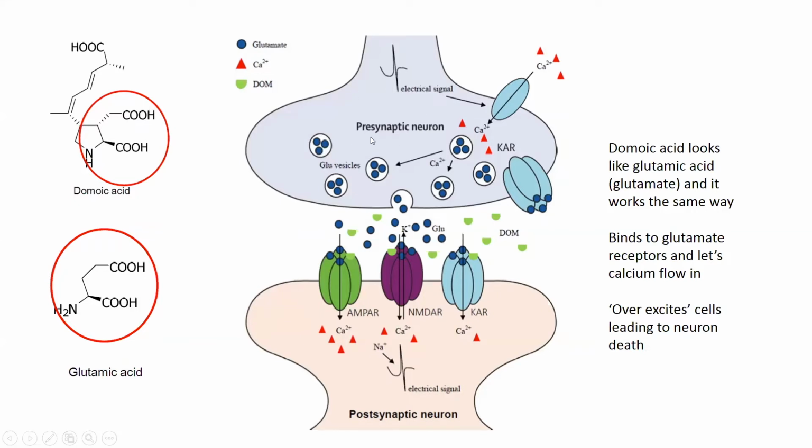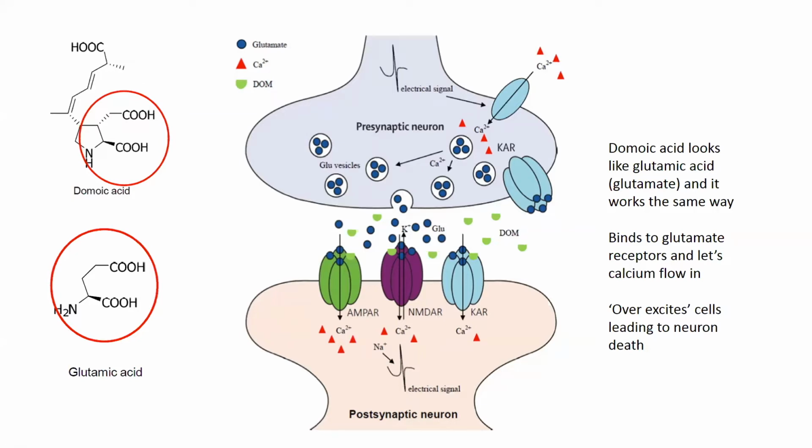You have a presynaptic neuron and a postsynaptic neuron, and the pre is sending a nerve signal to the post so it can continue, and you can carry signals throughout your central nervous system. As the glutamic acid molecules are released from the presynaptic neuron, they are hitting receptors on the postsynaptic neuron. When they hit those receptors, calcium is released, and calcium can continue on as an ion to propagate electrical signals.